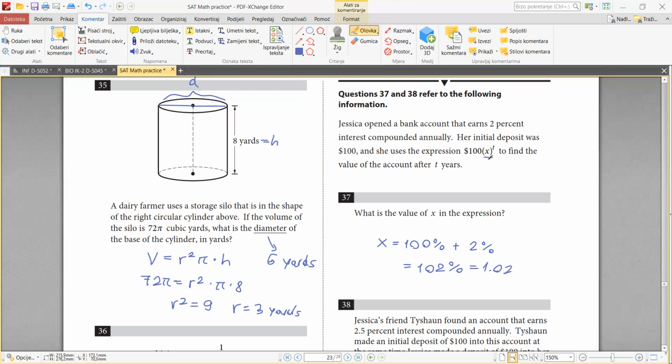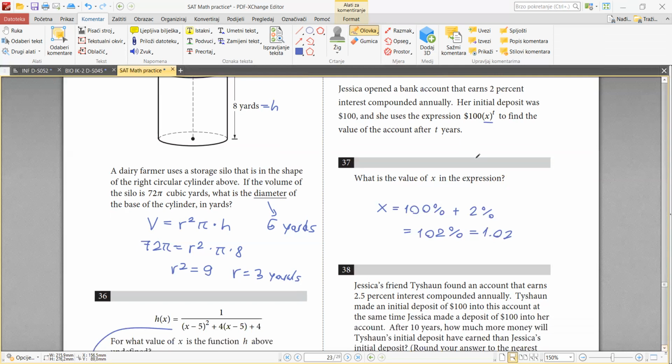So this is the value of x, and t years is the time after which Jessica calculates the amount of money she has in her account.